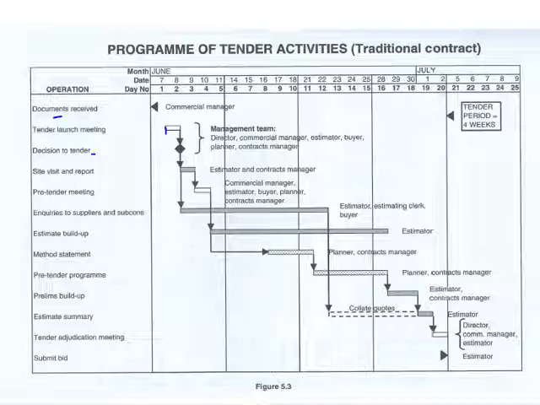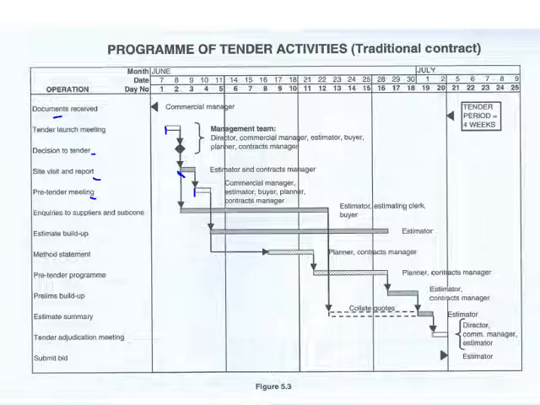Then you as directors take a decision whether you're going to tender on this project or not. Then you've got your site visit report. So whoever has to visit the site can visit the site, whether it's the QS or the contracts manager or whoever. And then you've got your pre-tender meeting. So this is usually your commercial or your compulsory meeting where the client, oh no, my apologies, this is your internal meeting.